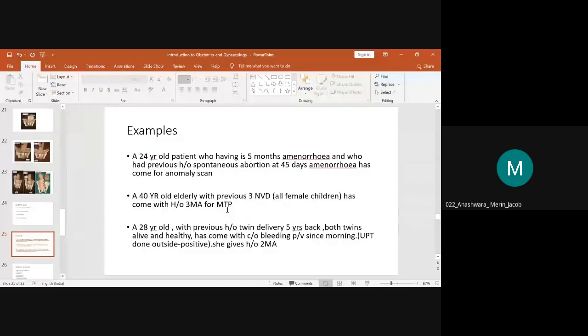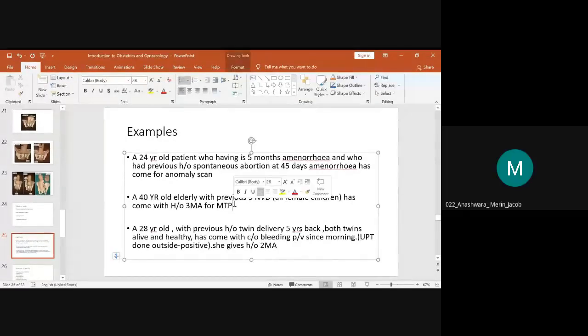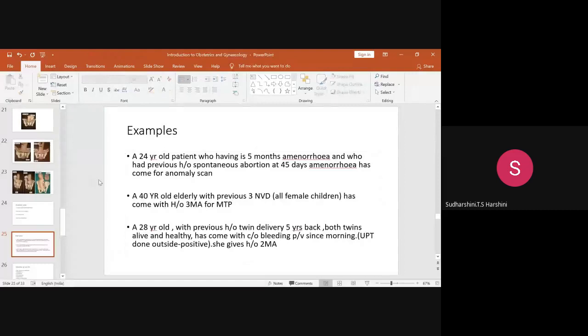G4, P3, L3, A0. Okay, very good, super. Understood now? So she has 3 children at home, all female and alive. Now she has come with the 4th pregnancy, so this pregnancy also you have to include. So it is gravida 4, para 3, and live 3.